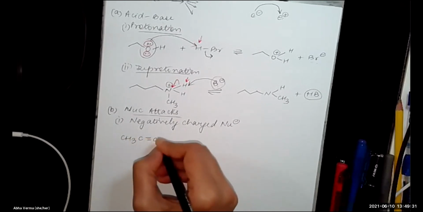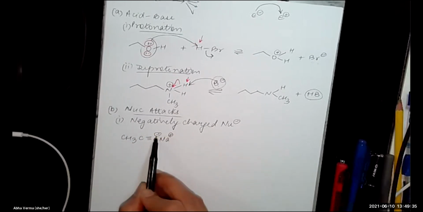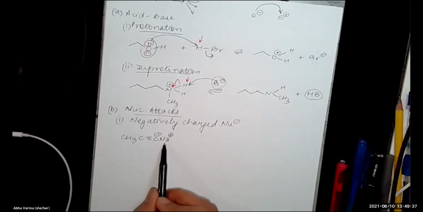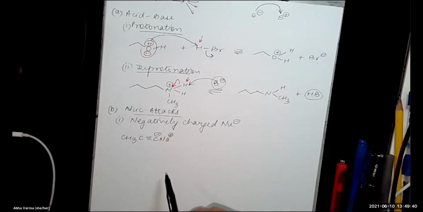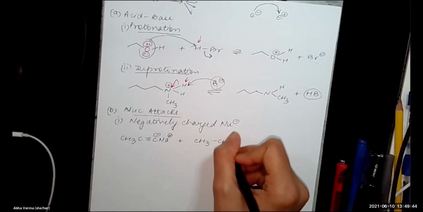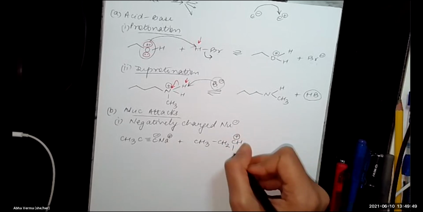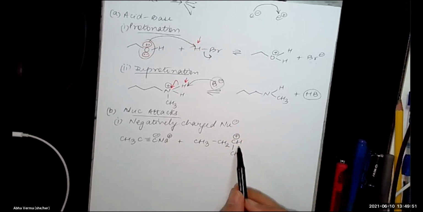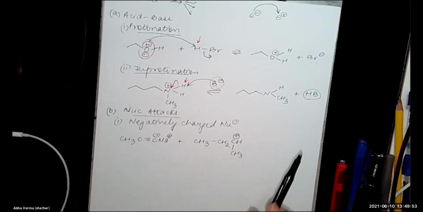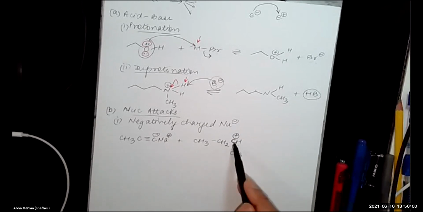CH3, triple bonded C, negative, Na. Now, even if I don't draw my negative and positive, I want you to remember the metal ion effect. Plus CH3, CH2, CH, positive, CH3. Now, before you make this hydrogen an acidic kind of hydrogen, I want to remind you, this carbon has how many bonds? 1, 2, 3.